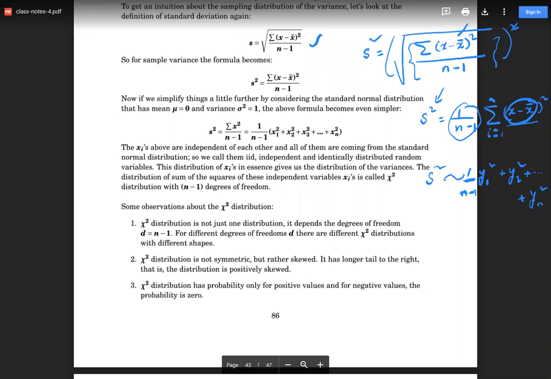This, by the way, is called the chi-square distribution. When you take a bunch of independent random variables, square them and add them, the distribution that you get is called the chi-square distribution. And this is a special case of a general function called the gamma function.